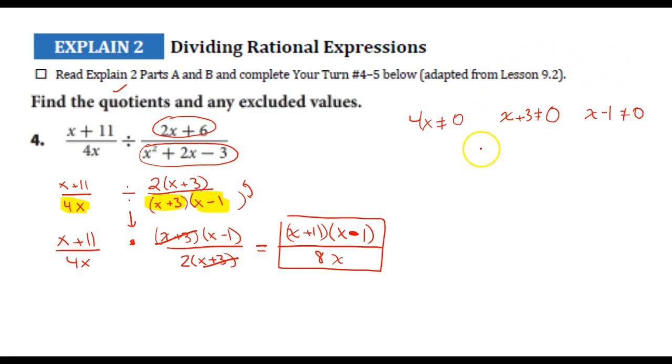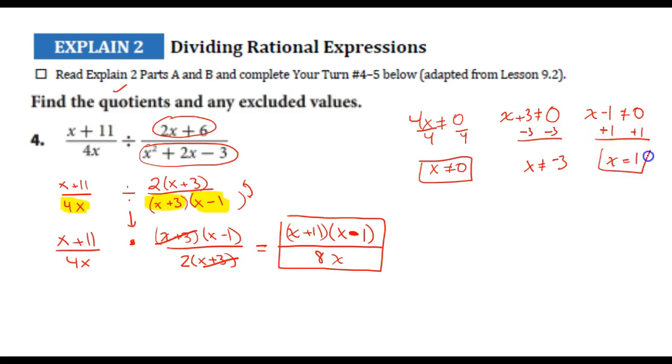That's a big no-no. Alright, so if I solve each one of these out, x cannot be 0. For this one, x cannot be negative 3. And for this one, x cannot be positive 1. So there's all the things that x can't be.